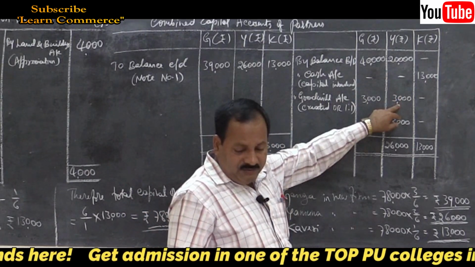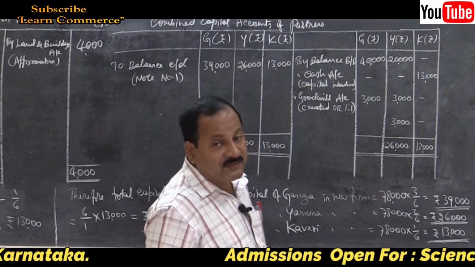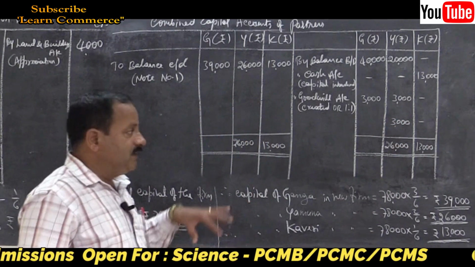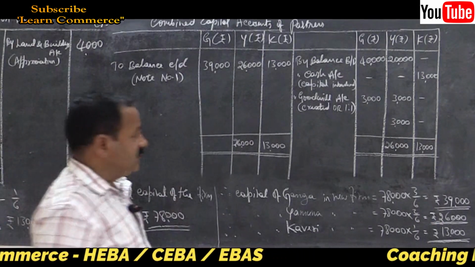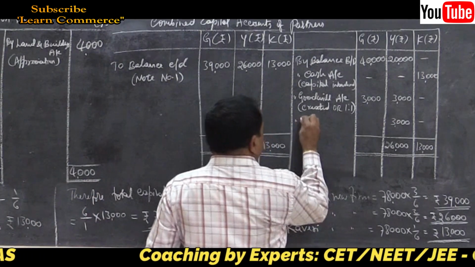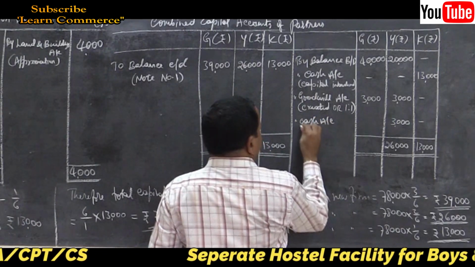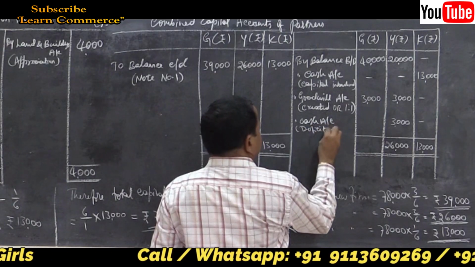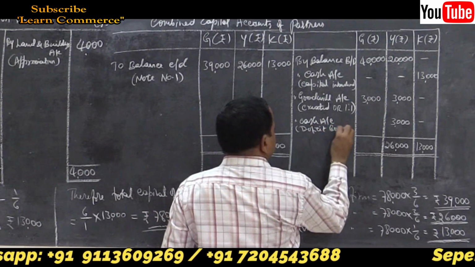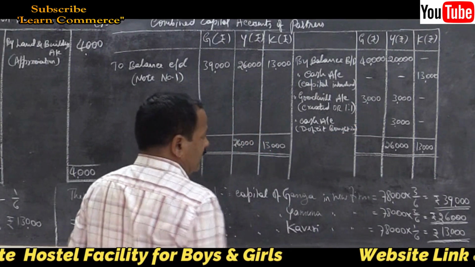So she should bring 3,000 rupees to make good the shortage, to maintain the capital of rupees 26,000. So by cash account, deficit brought in.